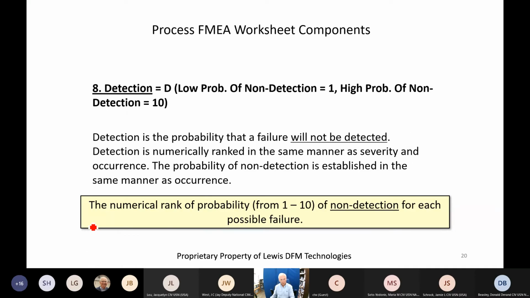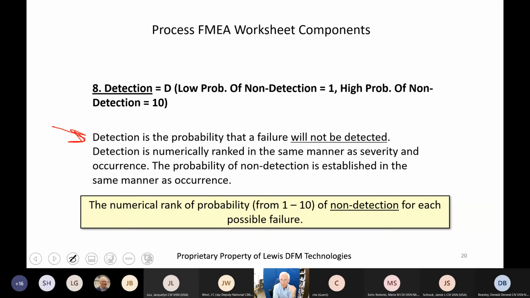The next one is we then have to look at detection. And this is a little confusing because we have to score detection, and we're not really scoring detection, we're really scoring non-detection. And what do we mean by this? Okay, so let's look at this right here.